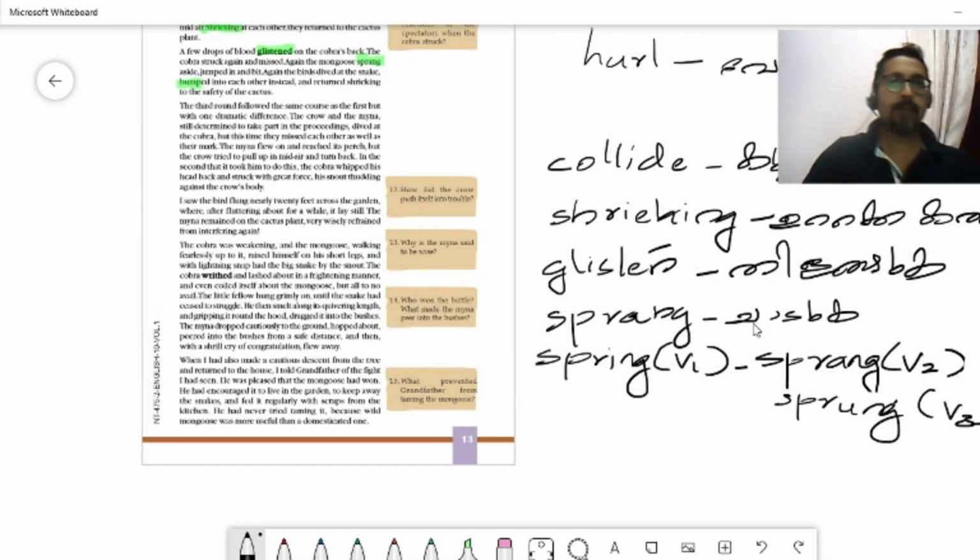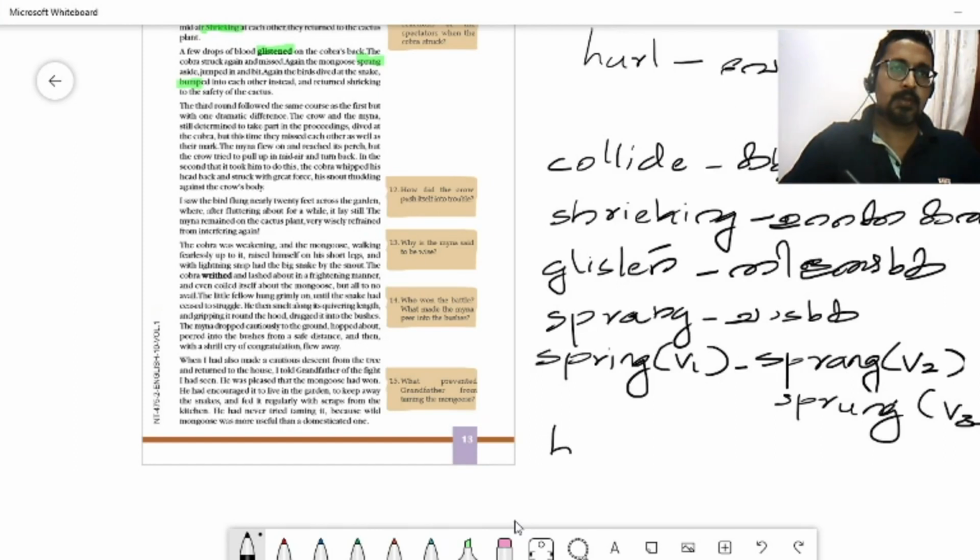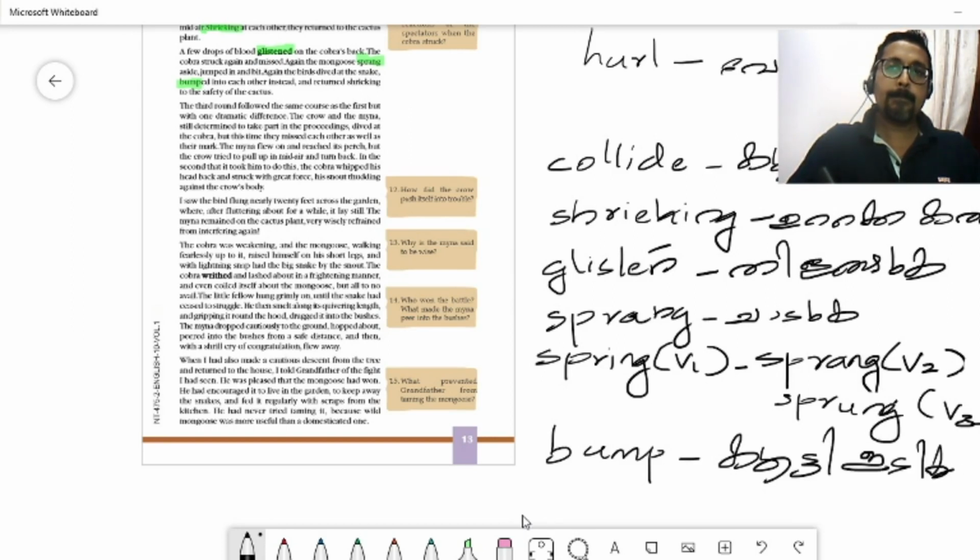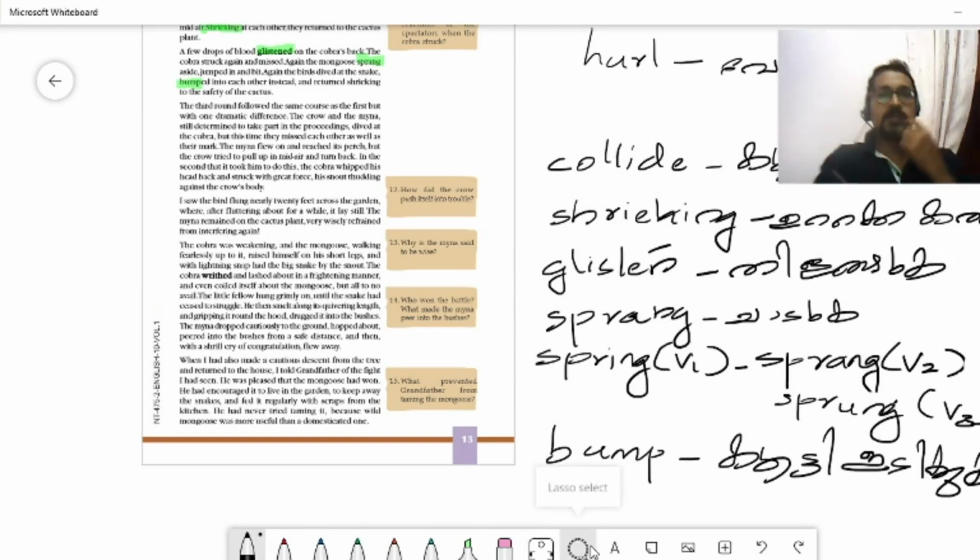Again, look here. Bump. Bump also means collide. We are familiar with the word bump, bump on the road. There the bump is the verb form of the word bump.